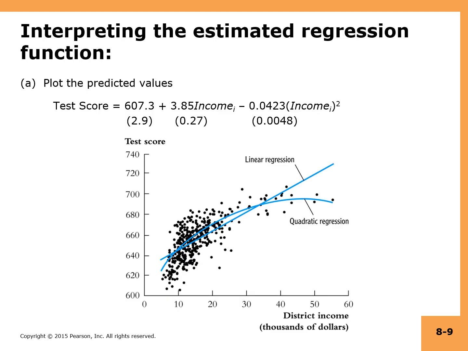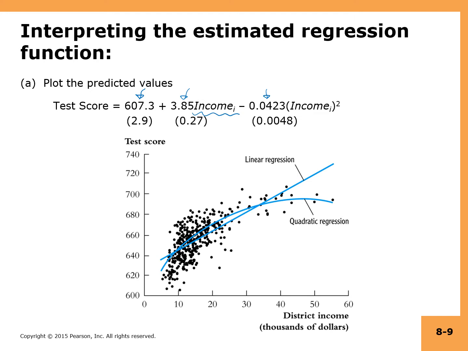So now we have the coefficients for the quadratic regression model from Stata. How do you interpret the coefficient of income? As I mentioned before, interpreting the coefficient of a nonlinear regression model is a bit complicated.